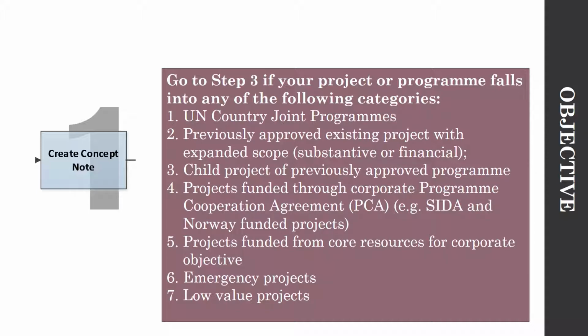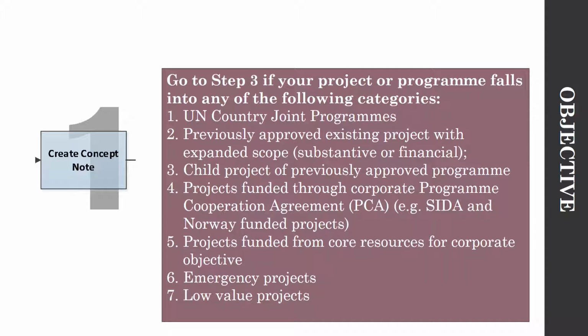Another is a child project of a previously approved program. For example, a program had gone through a PRC process and had been approved as a program, and so now the project to implement the program would not need to start from a concept note. They just need to start from step three, presenting a full project document at that point.